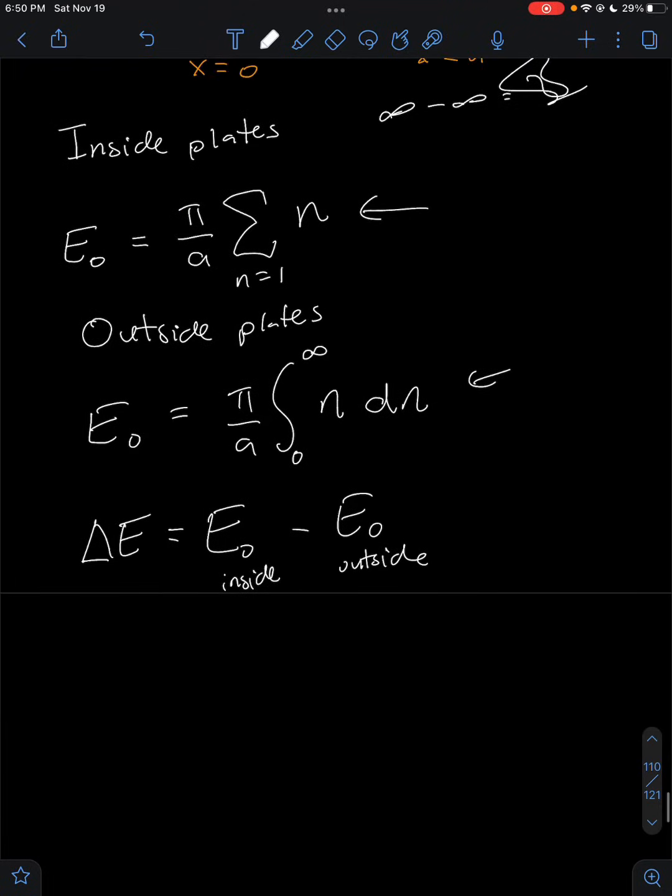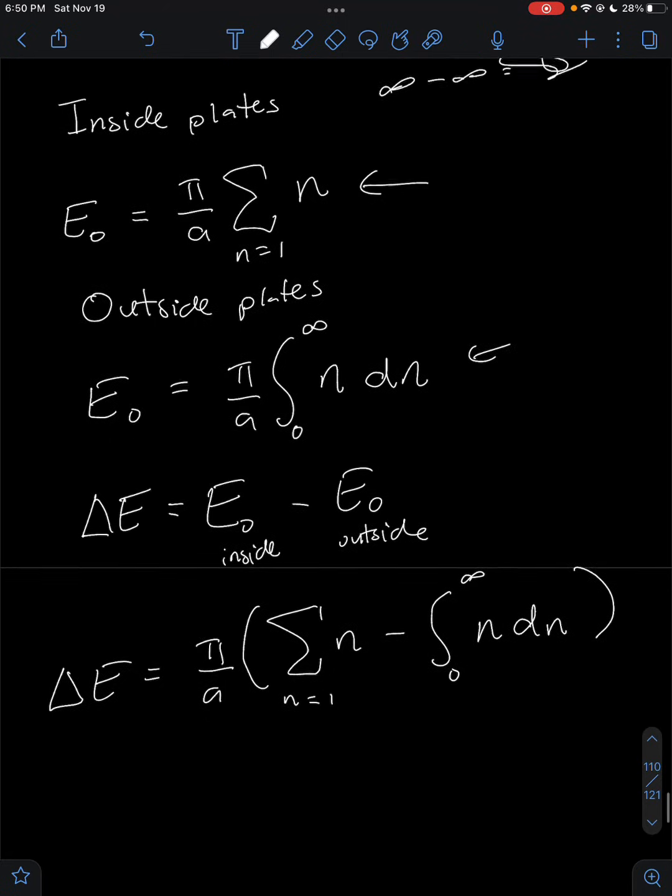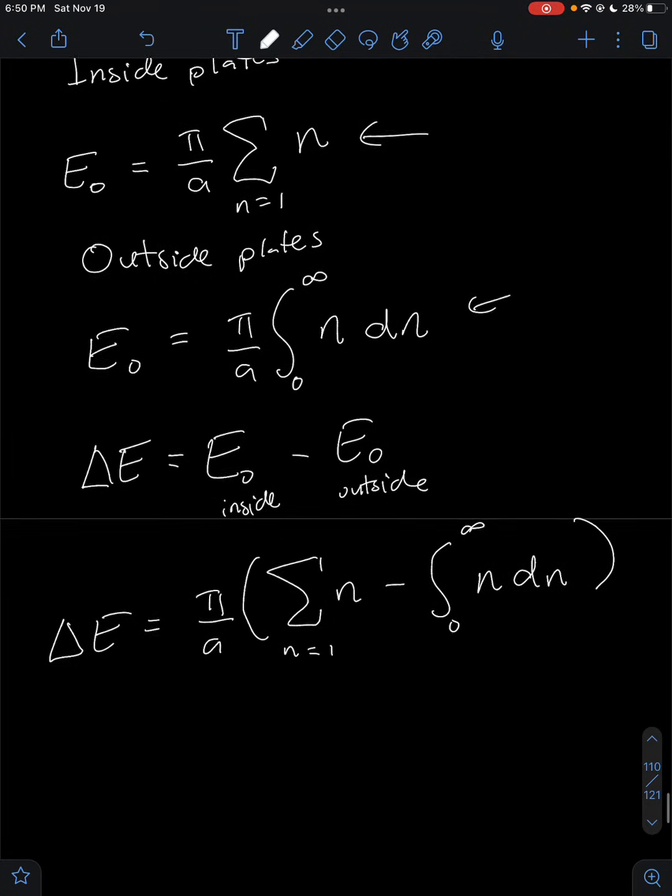That change in the energy is going to be equal to pi over A times the sum over n to infinity, but we're just going to drop that out, minus the integral from 0 to infinity of n dn. So that's what the change in the energy is going to be.